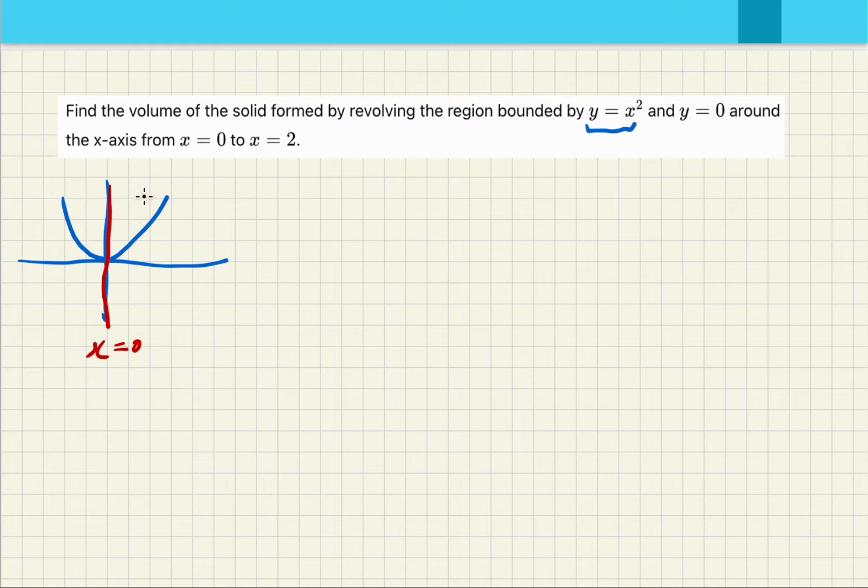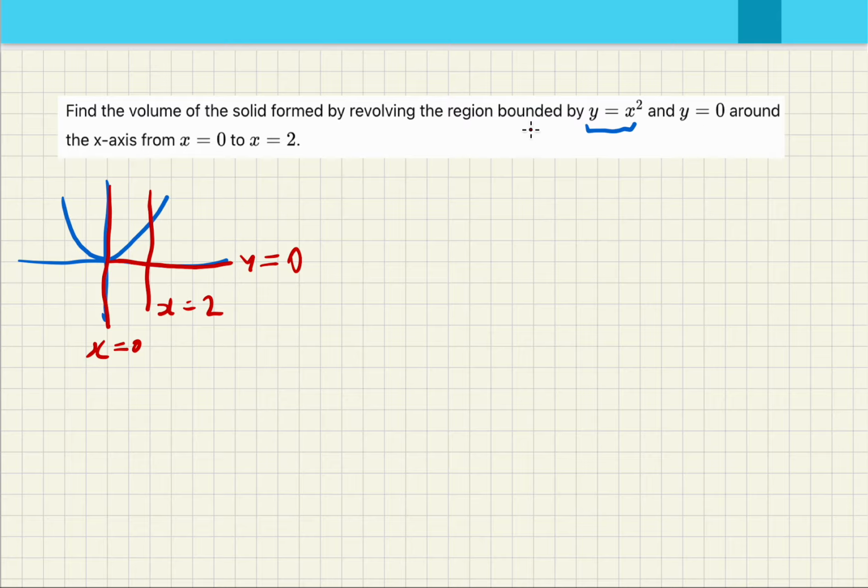And x equals 2 is somewhere over here. X equals 2. Y equals 0 is this horizontal line. And so this horizontal line is y equals 0.